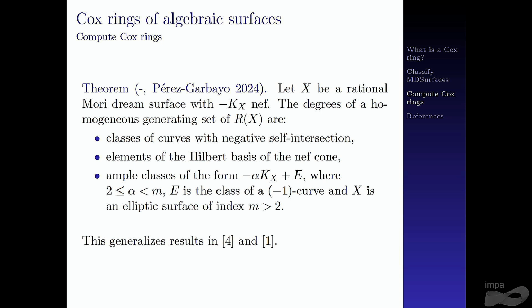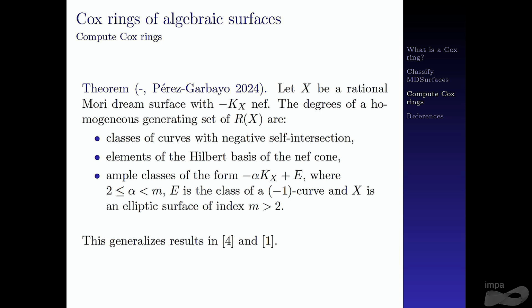For example, you can blow up 9 base points of a pencil of sextics with 8 double points, and you get a pencil, and so on. And these exceptional classes only appear for those types, where the index is bigger than 2. So the multiple of the anticanonical which gives an elliptic fibration is bigger than 2.